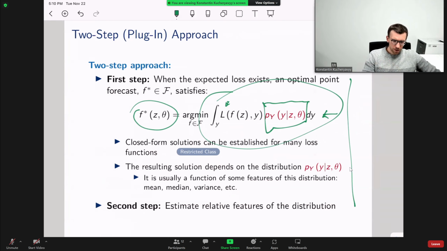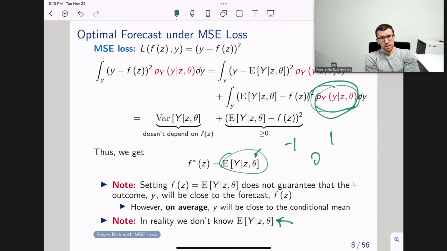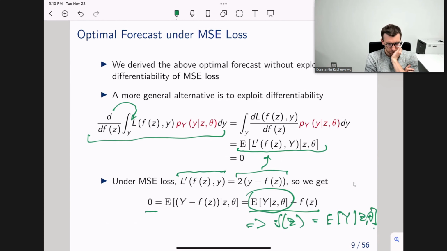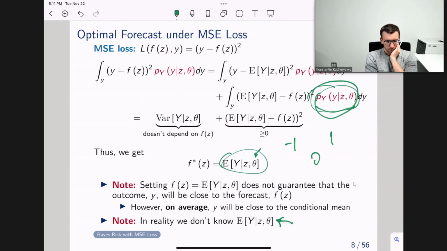For example, if you're doing a quantile estimation and then forecasting with the Linex loss function, you would... no, let me take even the simple mean squared error. In the population, you would need the expected value of y as your decision rule, and then in the second step you would use some estimate of the expected value of y.